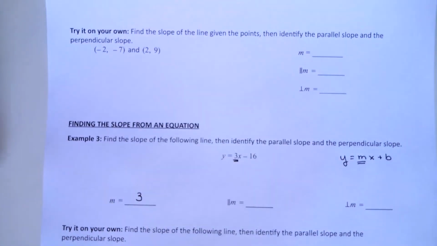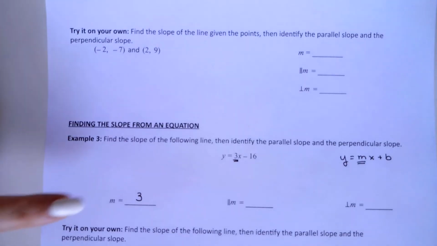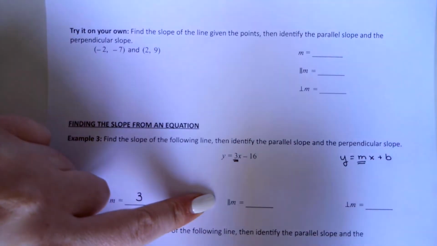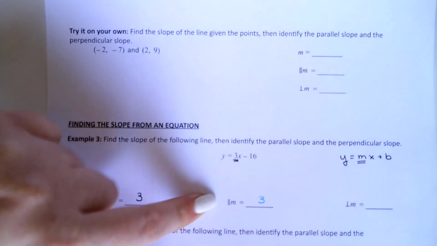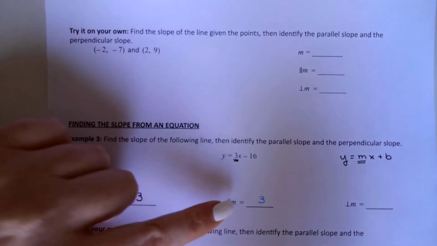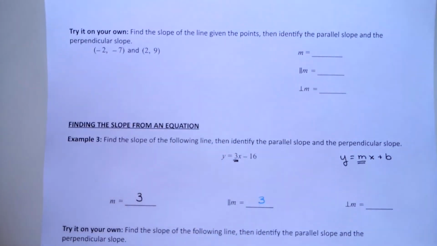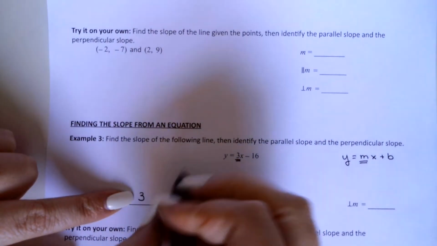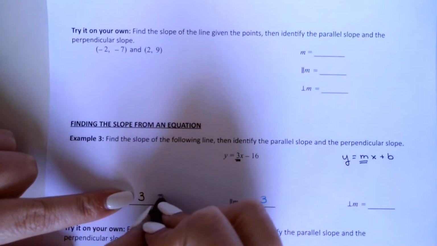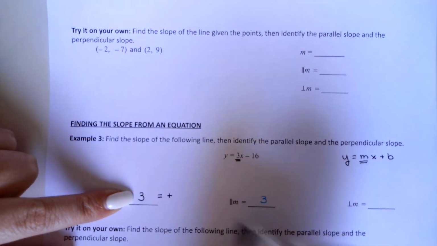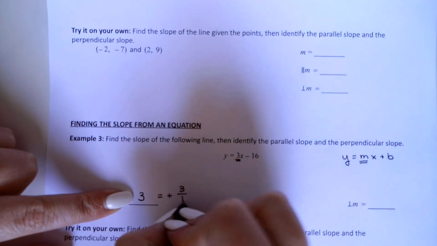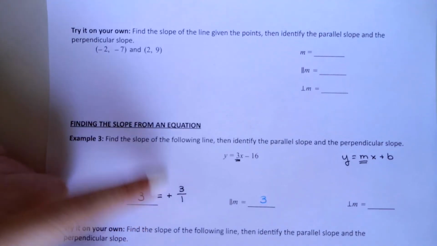Okay? Which means our parallel slope is also positive 3. So, for perpendicular, what it means is it's going to be opposite reciprocal. So right now, the 3, if I rewrote it, I could rewrite it to say positive 3 over 1, right? That means the same thing, that's just not simplified.